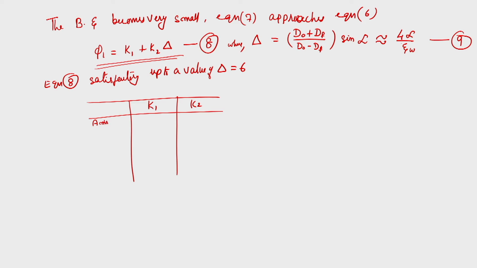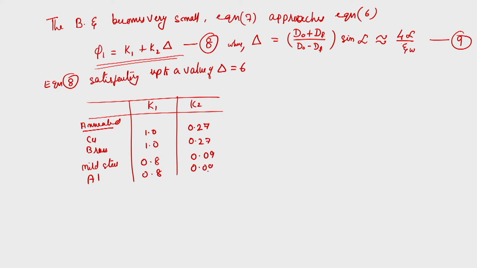If you look for materials, say for example copper, brass, this is 1 and 0.27, and brass is also the same value 0.27, and mild steel it is 0.8 and 0.09, and aluminum you will find that it is 0.8 and 0.09, from experimentally determined values of K1 and K2.